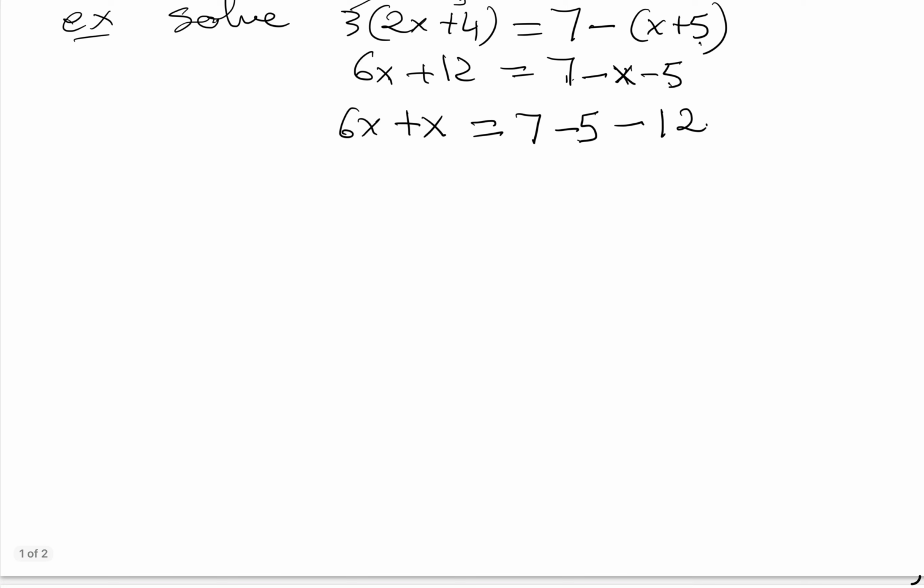Okay. Now, the math: 6x plus x is 7x. So you write down 7x is equal to 7 minus 5 is 2, minus 12. 7x is equal to, the math is, negative 10.